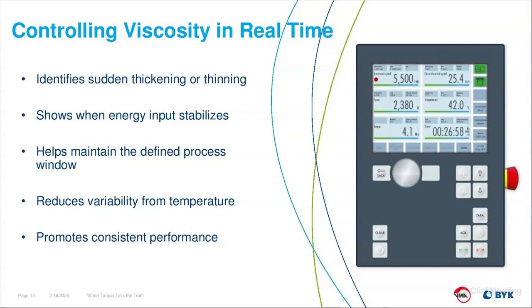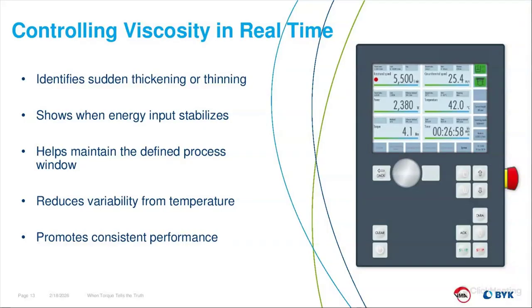You can see how that material is processing. It really helps you define your process windows. So how long are you going to disperse it at what particular speed or energy input? All of these things are variables that you have to work out, and being able to control in real time how these things process out with the data that you get from measuring torque helps you do that.